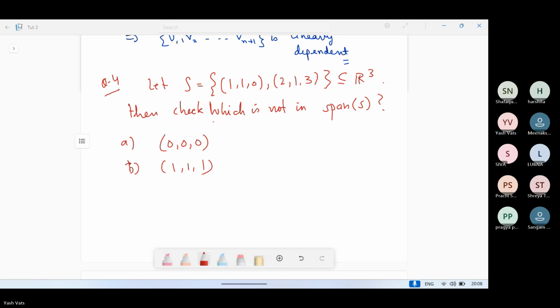But when we say vector space, it is an abelian group under addition, right? If you consider span S, then it's a vector space.